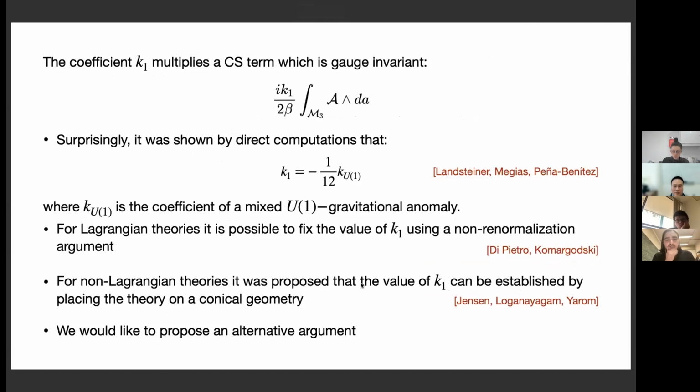However, the other term, the one that multiplies K1, is more subtle, because this term is perfectly fine under small gauge transformations, and so you wouldn't imagine that anomalies have anything to do with it. But quite some time ago, it was discovered in a series of holographic computations that, surprisingly, the value of K1 is fixed to be exactly -1 over 12 times K U1, where K U1 is the coefficient of the mixed 't Hooft anomaly between U1 and the gravitational background.